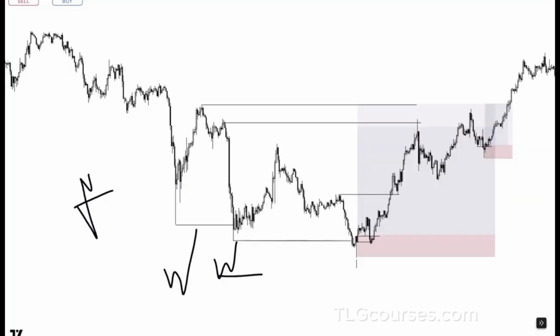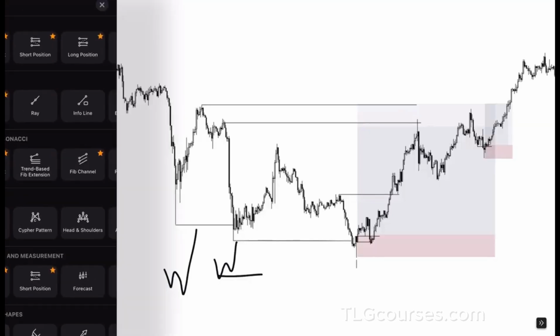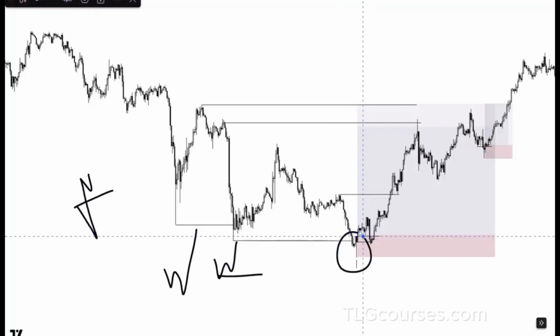So once again, you have 3 entry models. You have model number 1, the up close candle that liquidated an old high, or the down close candle that liquidated an old low. And then you have the true market structure shift entries, either a breaker or an OTE.